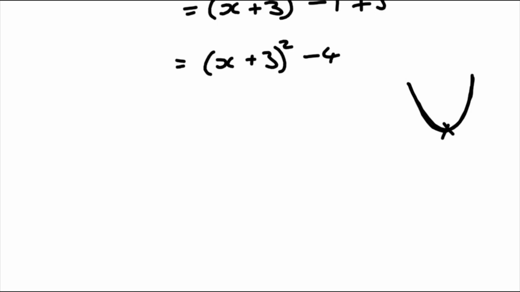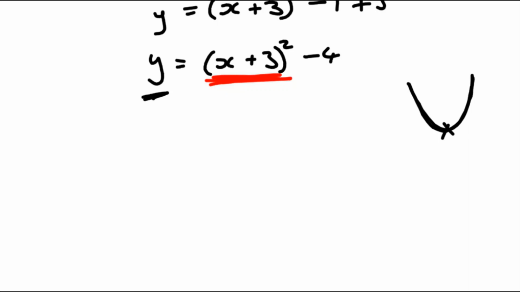So our turning point is down here; it's the lowest point of the graph. So we need to work out what makes this y the smallest. The way that we make y the smallest is by making this bracket as small as possible, and the way this bracket is as small as possible is by making it 0.